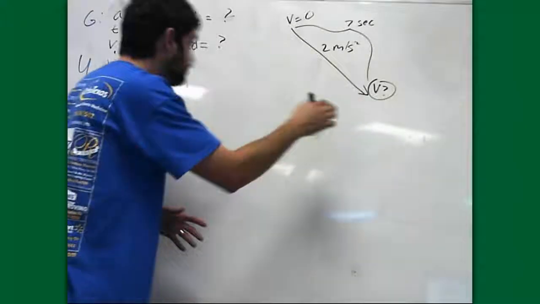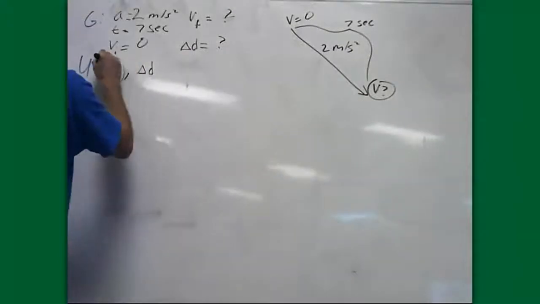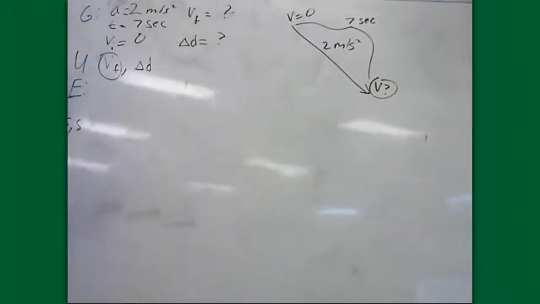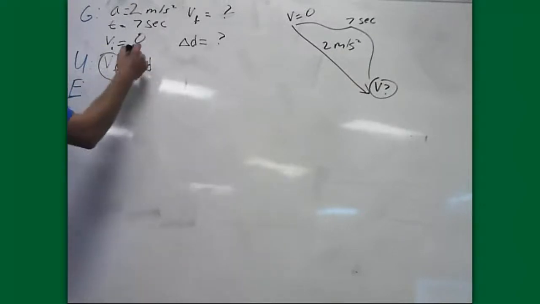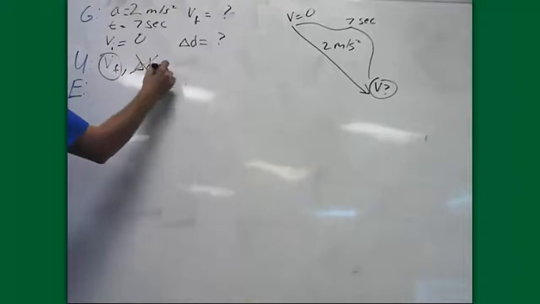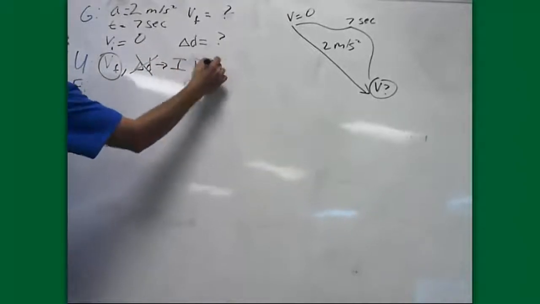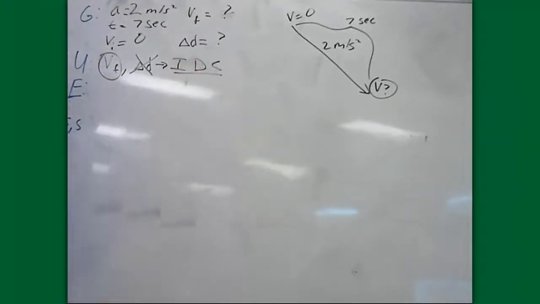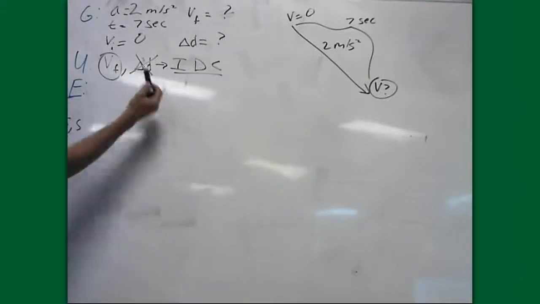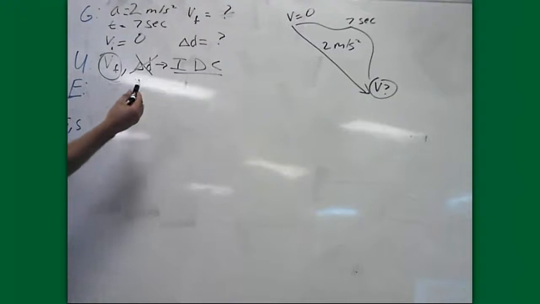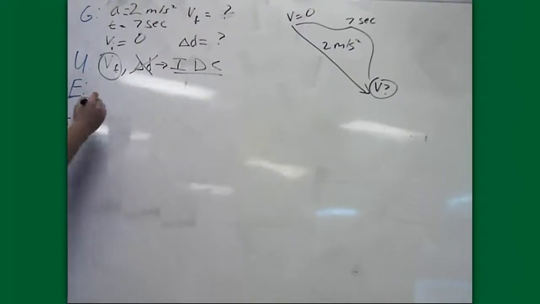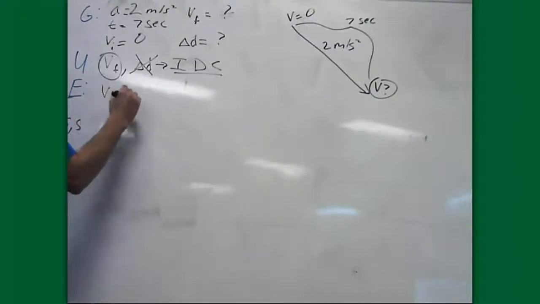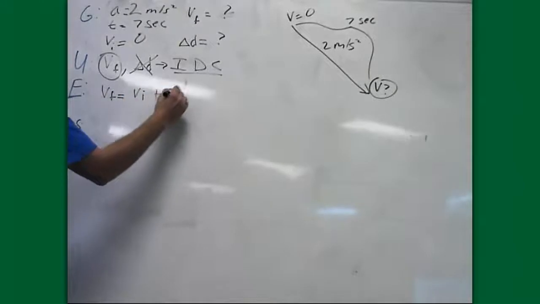That's the final velocity. So I'm going to circle that one. That's the one that I want to find, final velocity. And if I want to find final velocity, I'm going to cross out the delta D. This is my I don't care variable. I don't care about that. I'm going to find an equation now that has final velocity and not delta D in it. Okay? And that equation happens to be VF equals VI plus AT.